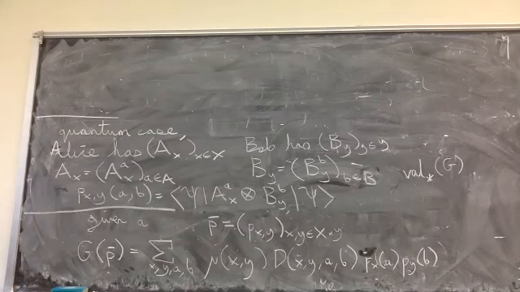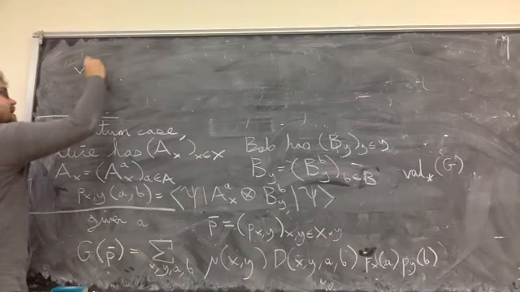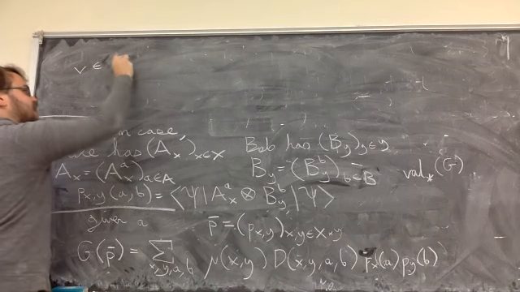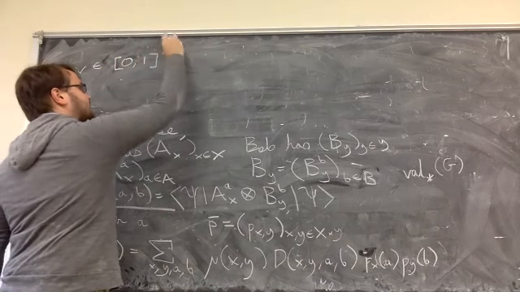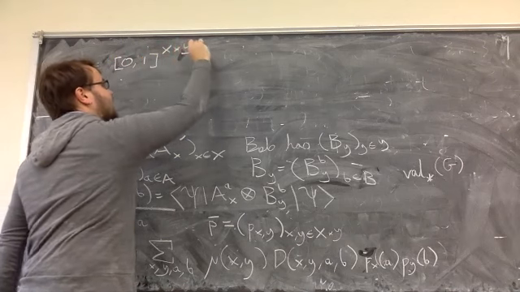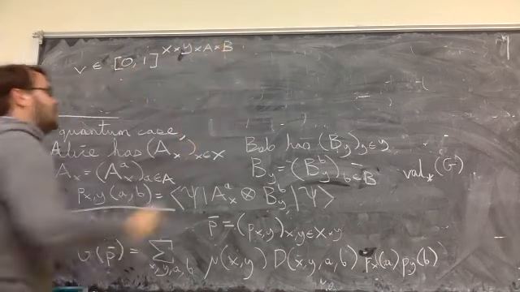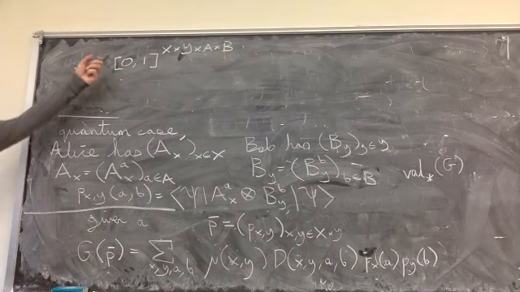So the point is you just have some V in, well, here it's only even going to be [0,1] to the x times y times a times b. So there are more restrictions, obviously, but any strategy like this we can just think of as an element of this space.